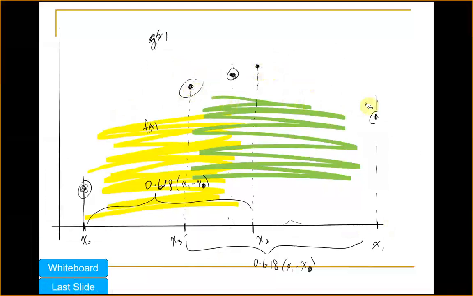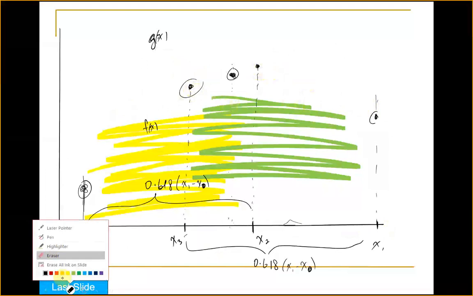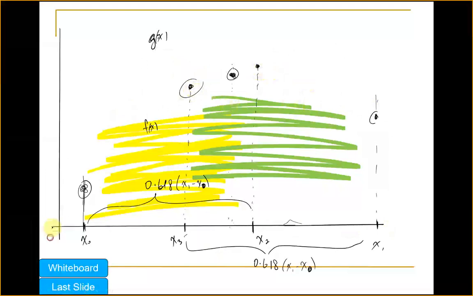Everybody listening? It is impossible for this system to go above this point, start here, and come back down. If it went above the point, that means there's a maximum over here also, and that gives you two maximums.